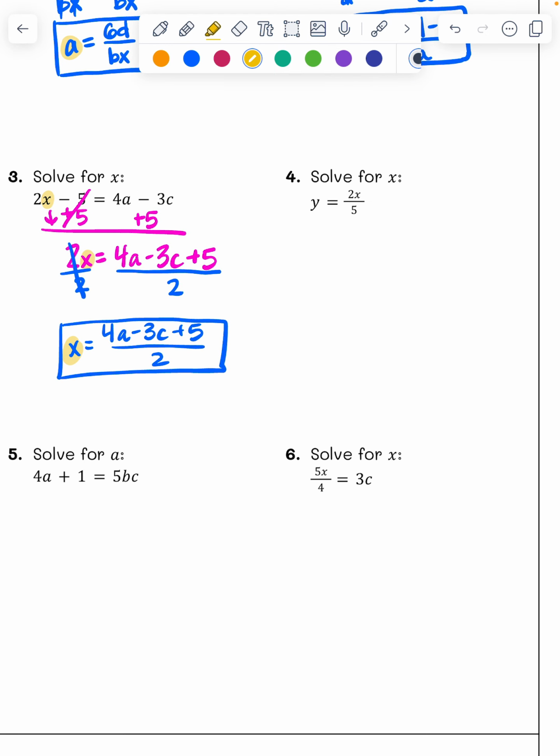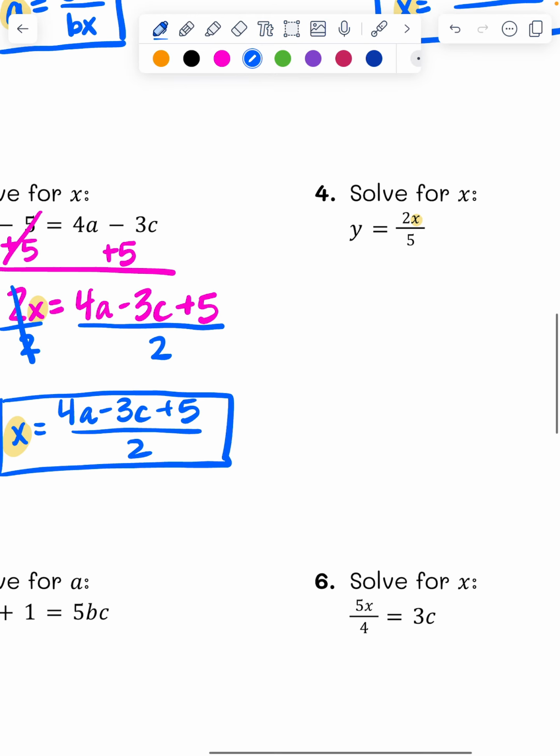Number 4, solve for x. So highlight x. Now, if I have 5 in the denominator, that means 2x is being divided by 5. The inverse operation of dividing is multiplying. So I'm going to multiply by 5. That will eliminate it on the right. And then I need to multiply by 5 on the left.